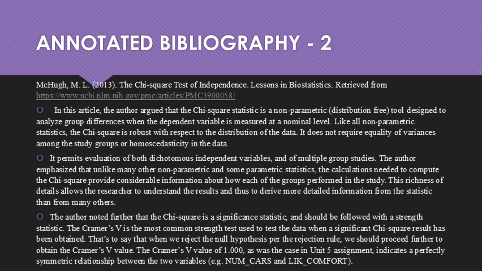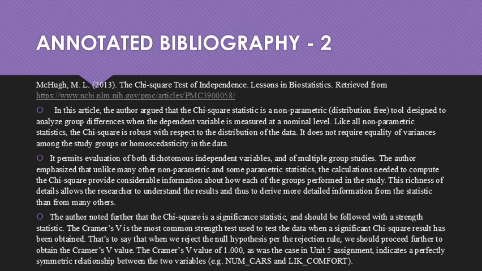The second article that was annotated, annotated bibliography number 2, Mikhail M.L. 2013, the Chi-square test of independence, taken from lessons in biostatistics, retrieved from the internet.